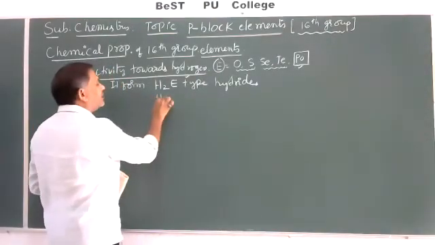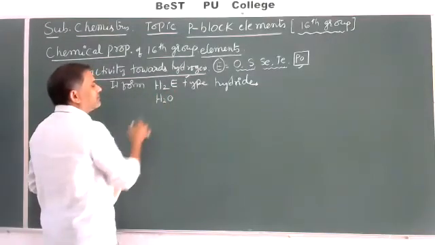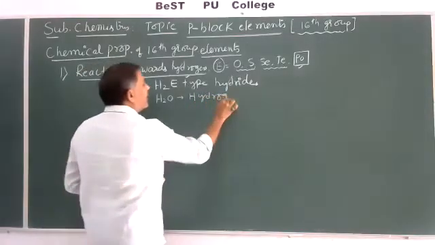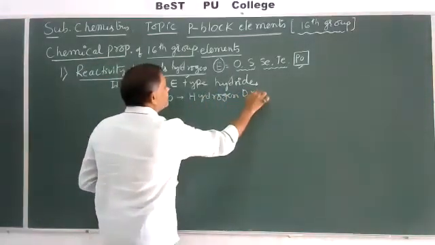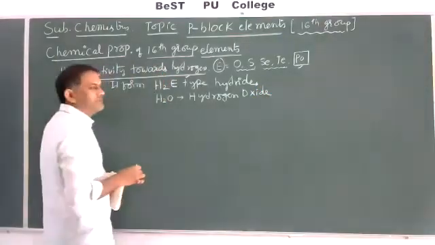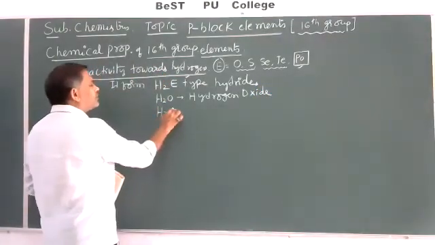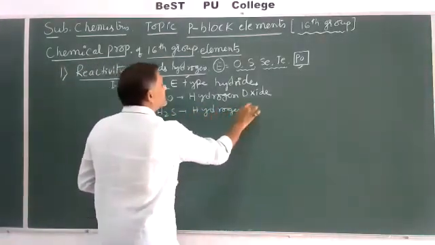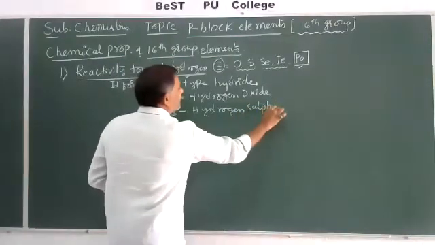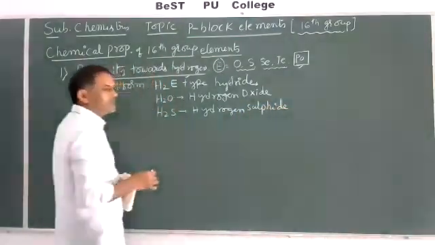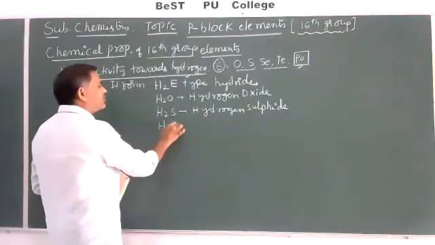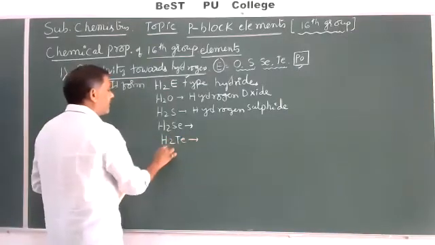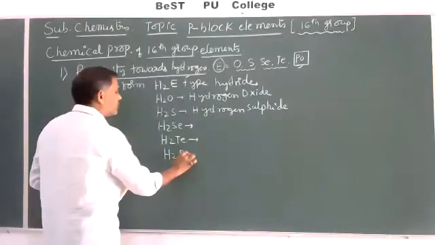Now H2O is hydrogen oxide. H2S is hydrogen sulfide. H2Se, H2Te and H2Po are hydrogen selenide, hydrogen telluride and hydrogen polonide.